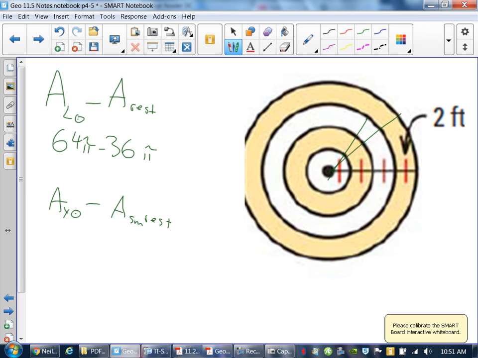That's all I'm doing. I'm just going to account for this outer ring. If I take the whole thing, subtract out this middle part, I'm left with just the outer ring. That's all I'm looking at here. So what's 64 minus 36? 28. So the outer ring has an area of 28 pi.